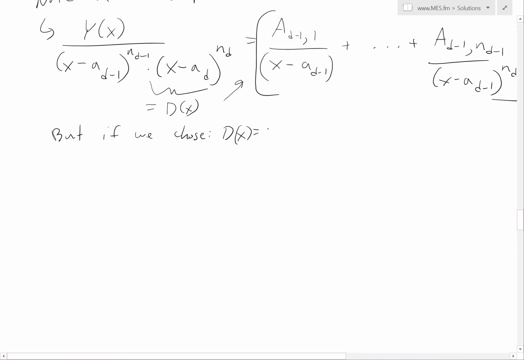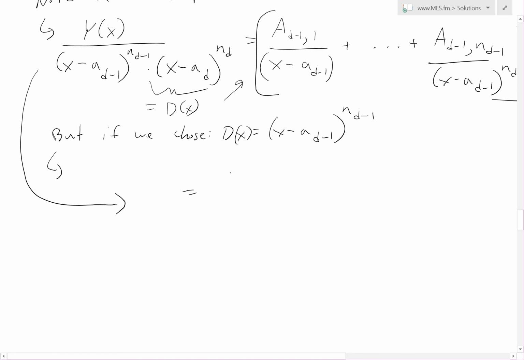But if we chose d of x equal to, instead of this x minus a d to the power of n d, as x minus a d1 and d1, then we get a different answer right here.